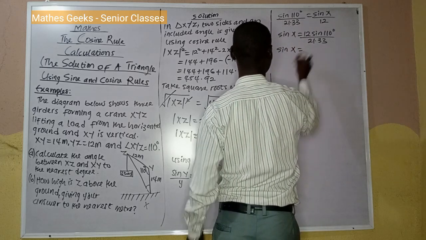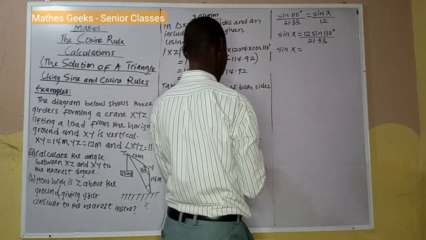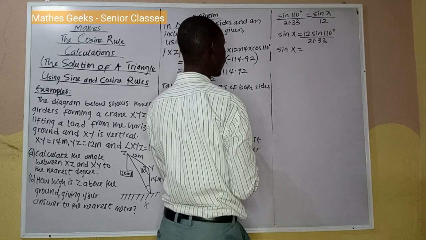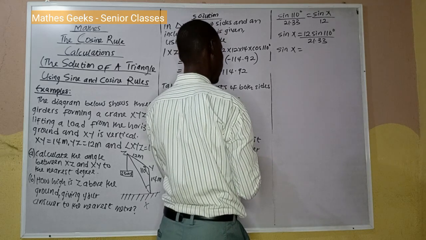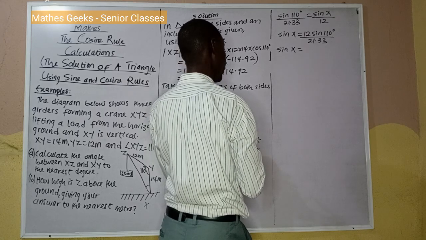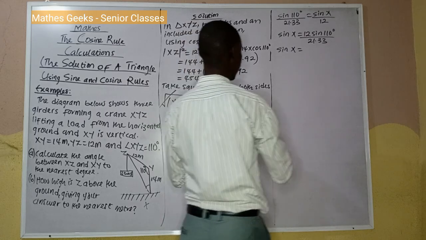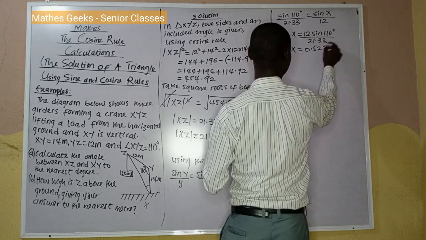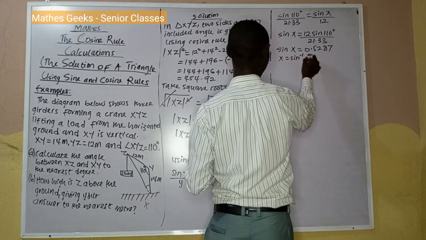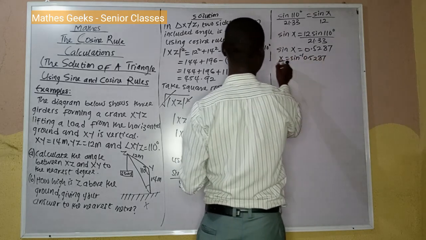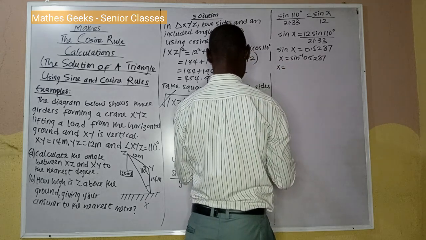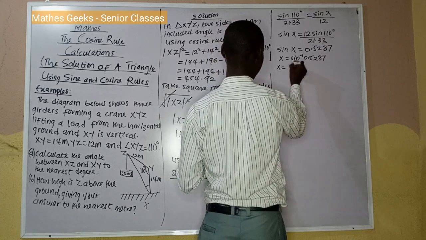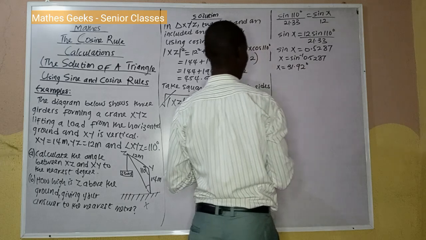That gives 12 sine 110 divided by 21.33, which is 0.5287. So x is equal to inverse sine of 0.5287, and x is equal to 31.92 degrees.